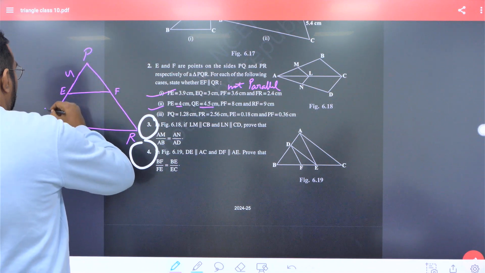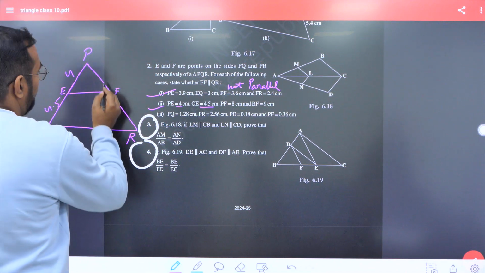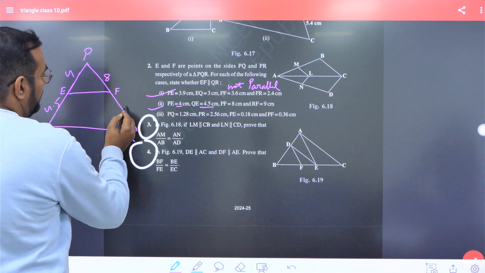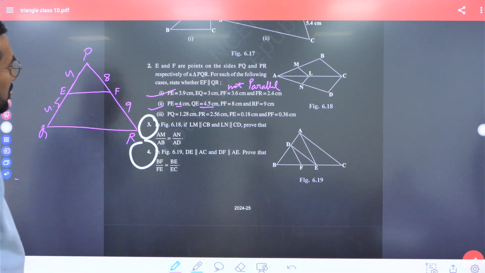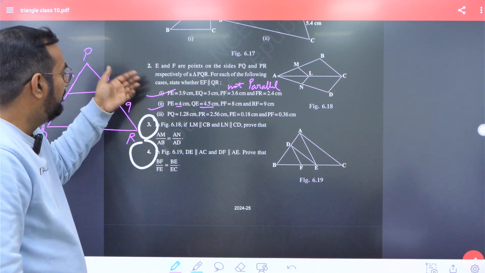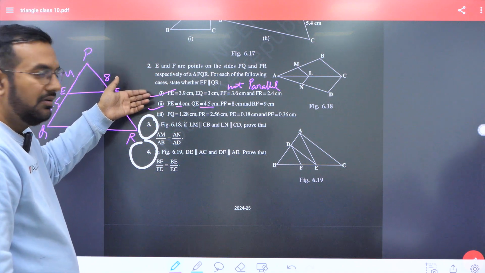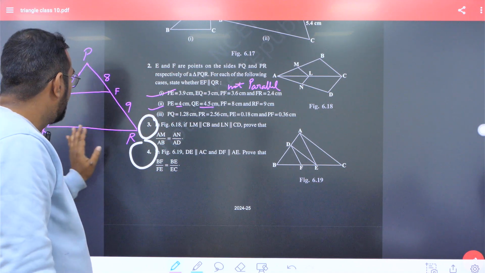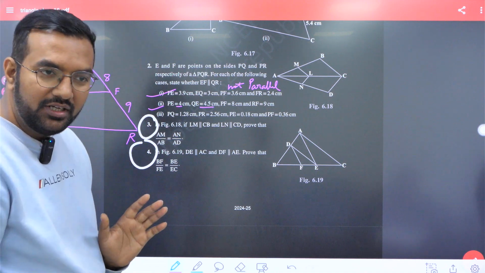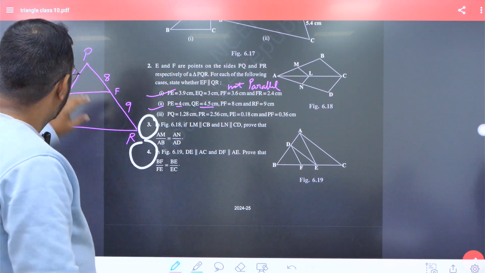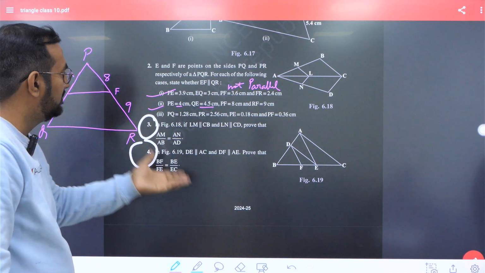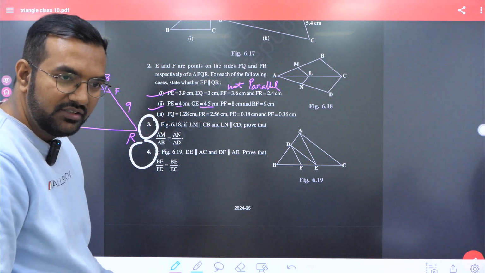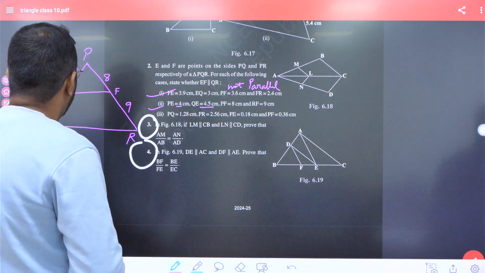PE 4, EQ 4.5, PF is 8 and this one is 9. Same as we have done the first one, you can check whether EF is parallel to QR or not, right beta? Similarly, if this upon this is equal to this upon this, then in that case they are parallel or not.